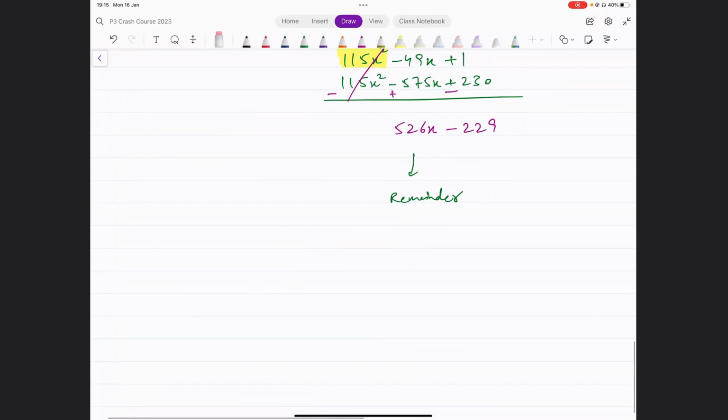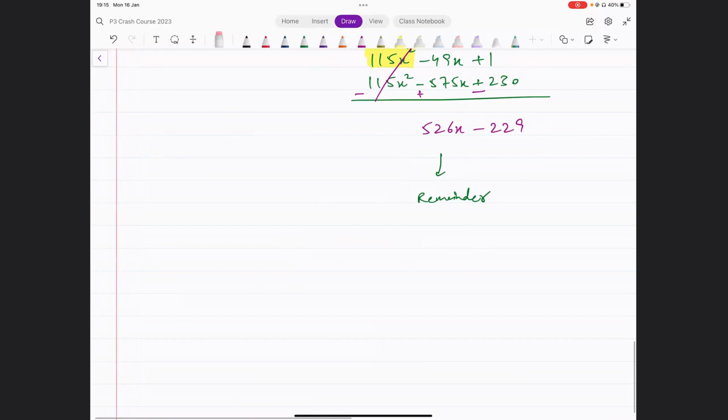Now, let me write that here again. We have dividend over divisor equals quotient plus the remainder over the divisor.